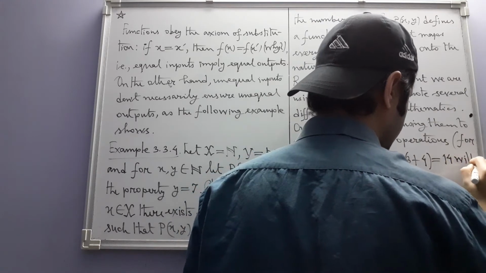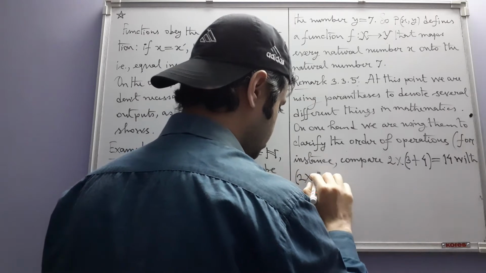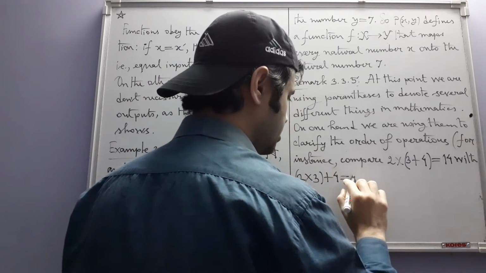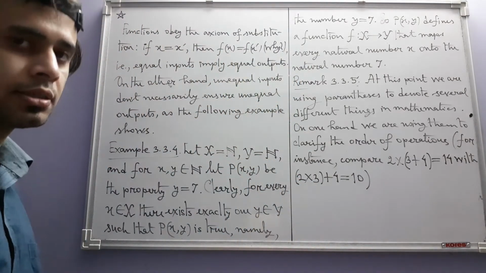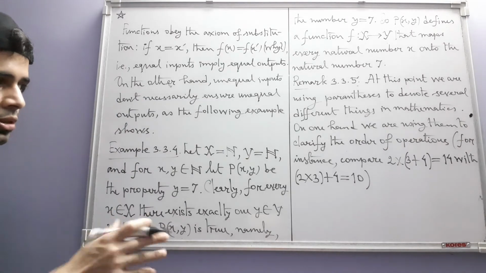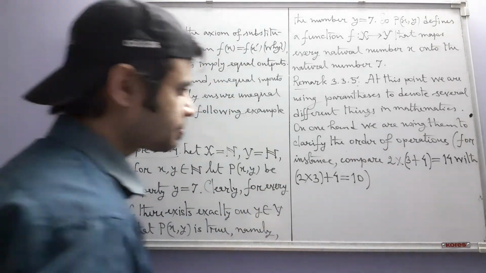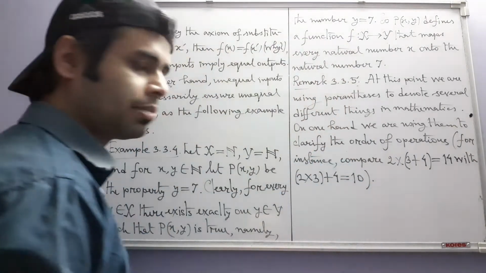You compare this with (2 times 3) plus 4, which is equal to 10. So that means using parentheses, the whole thing changes. The meaning of the expression changes entirely. So this is one use of parentheses.